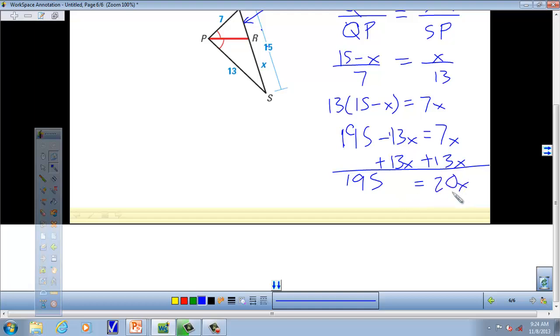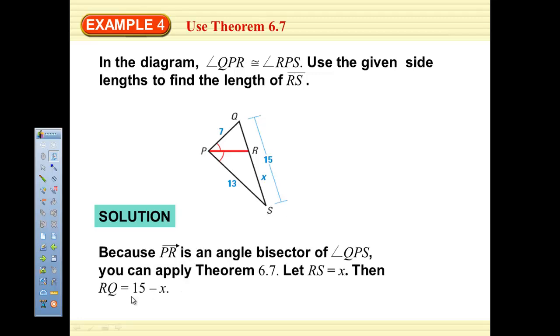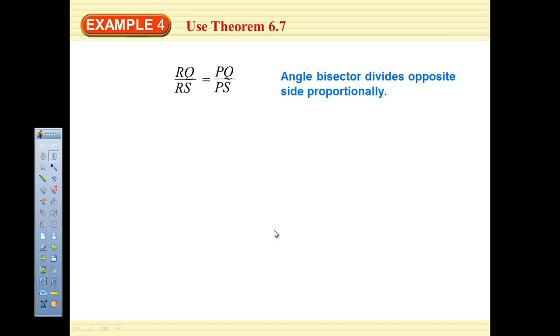And if we divide both sides by 20, we get x is equal to 9.75. Okay? So again, we know RQ is equal to 15 minus x. Plug everything in.